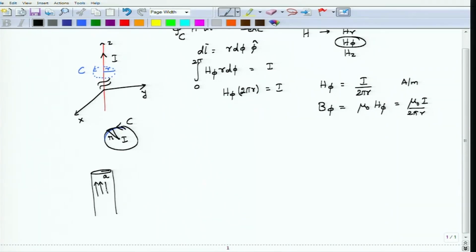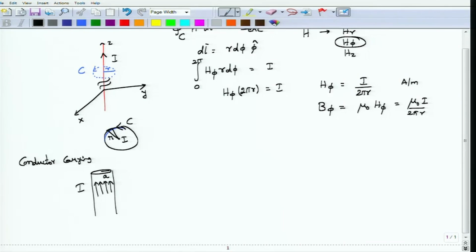If you look from the top view for this example, this is actually the conductor that is carrying current. We will assume that the current itself is uniform, or more precisely, one can assume that the current density vector J is going to be uniform.